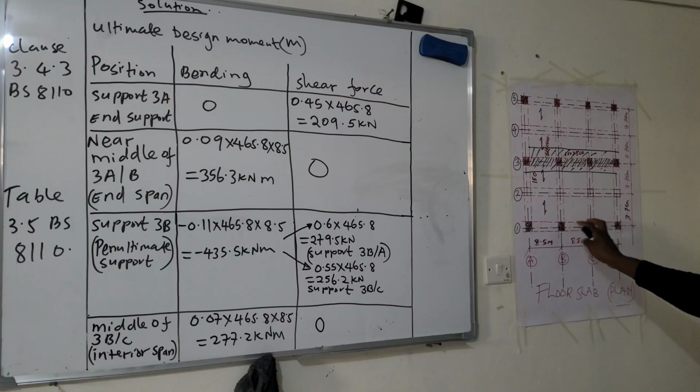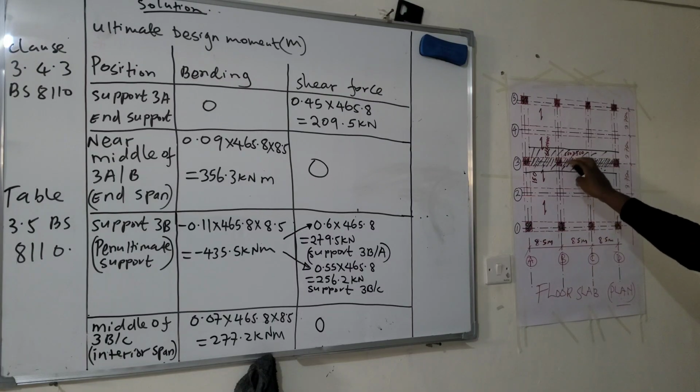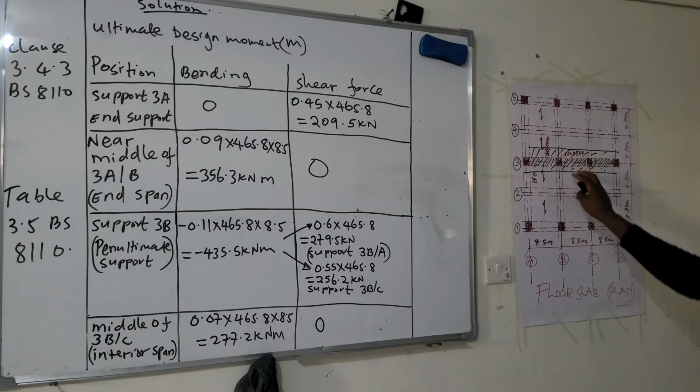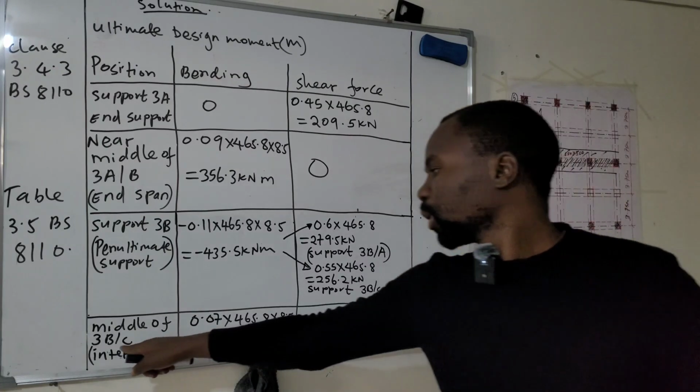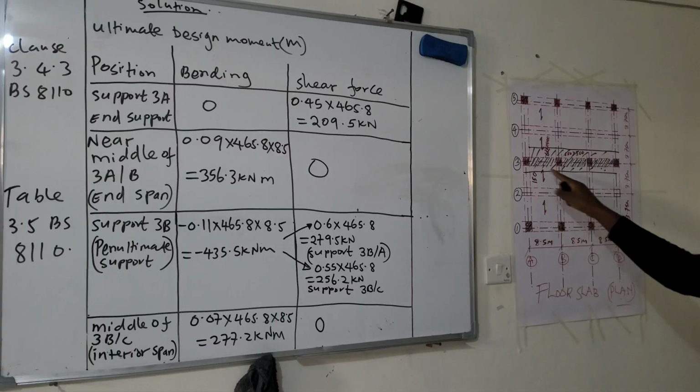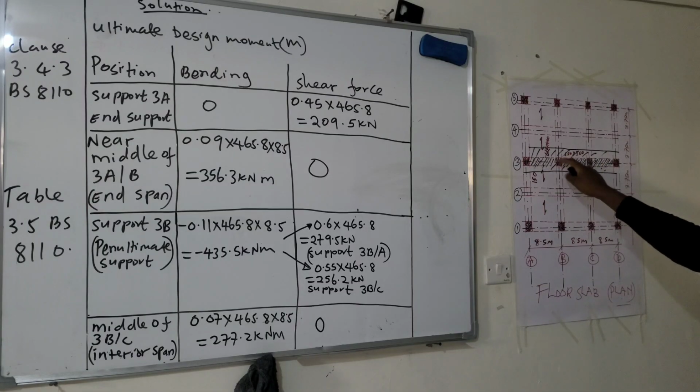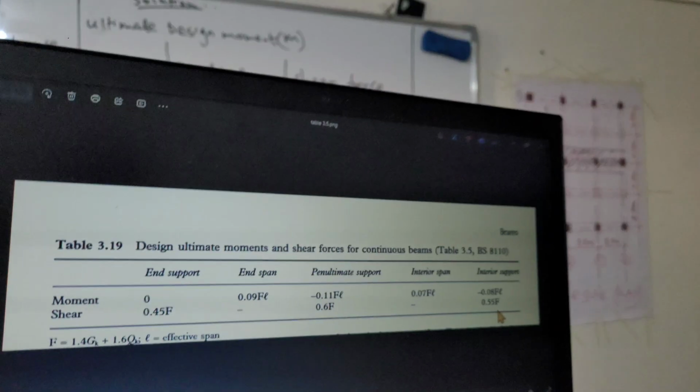So this is the interior span, or the middle of 3B, then C. The bending for interior span is given by the formula provided in table 3.5.